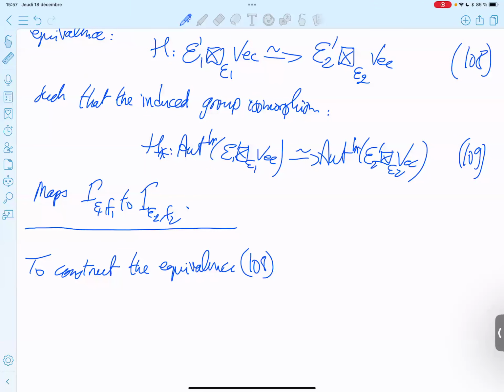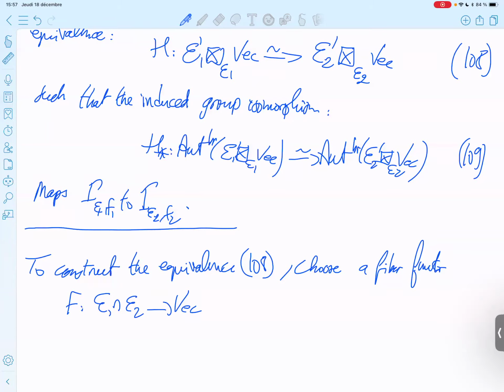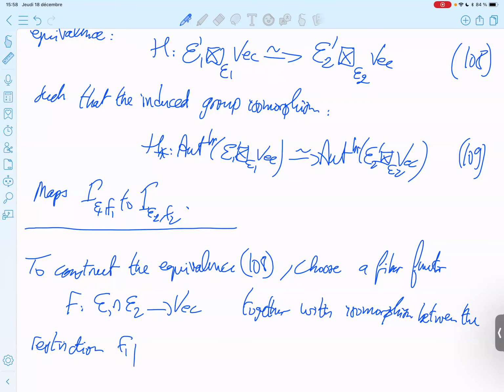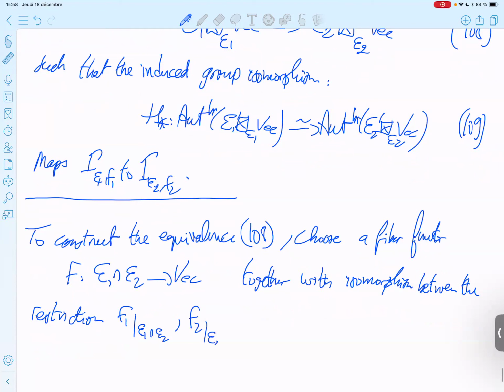So how to make that? We will consider some intersection. Choose a fiber functor F from the intersection to Vec, compatible with the restriction of the given fiber functors of E1 and E2, together with isomorphisms between the restrictions F1 restricted to that, F2 restricted to that, and F itself.